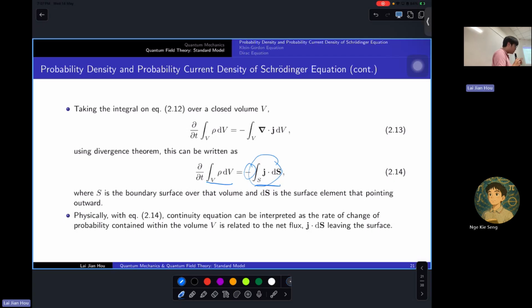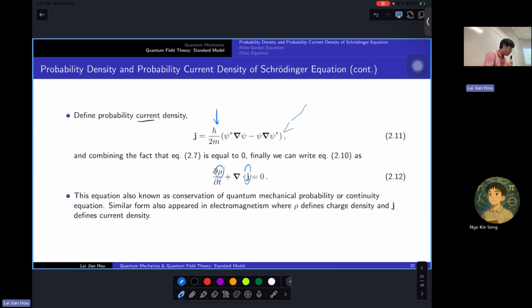Let's say this one is for the probability density. If we can find another term satisfying this equation, it will tell us that that quantity is constant, in the general sense, when it can be expressed in equation 2.1.